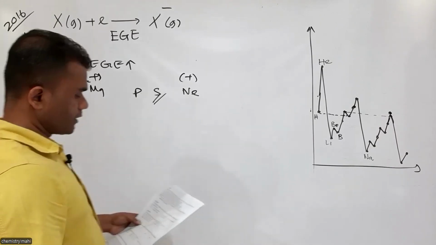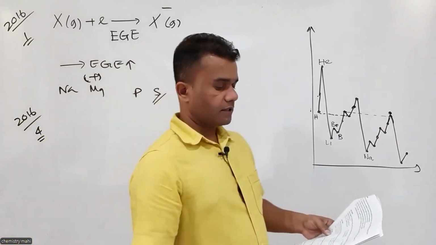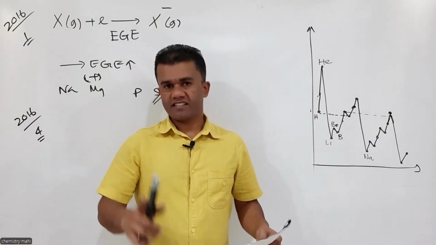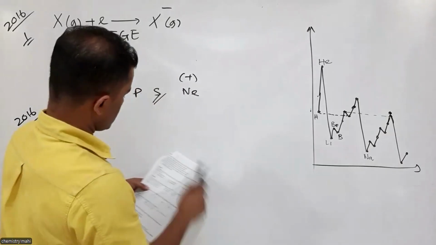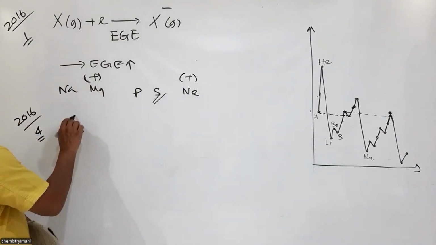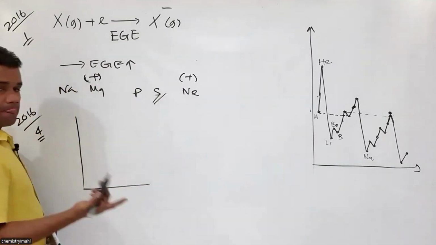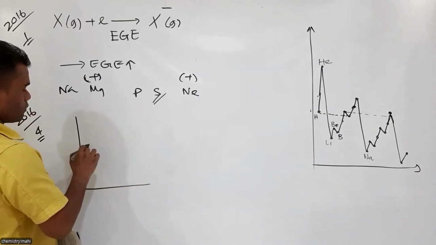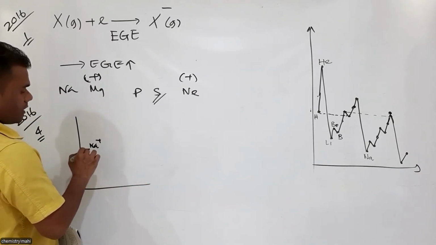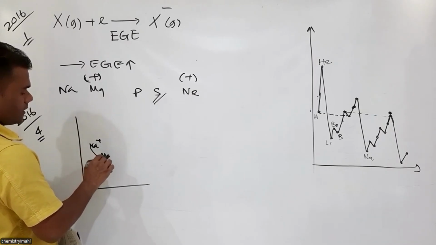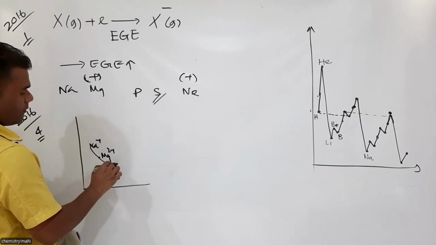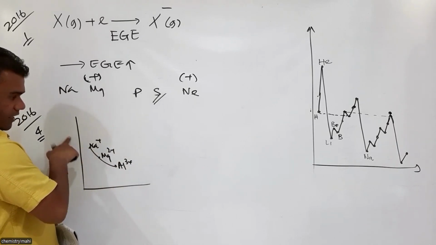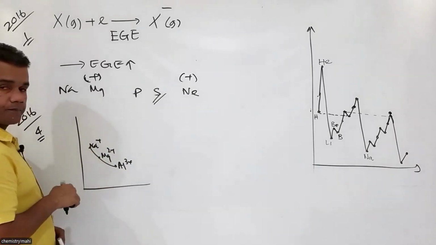The fifth one is again correct: the size of anion formed by an element of the second period is larger than the cation formed by the third. Yes, you can see the cation is third period. But if I go back to the fourth one, consider the third period starting from sodium: Na+ here, Mg2+ here, Al3+ here. When you go from left to right, cation size decreases.